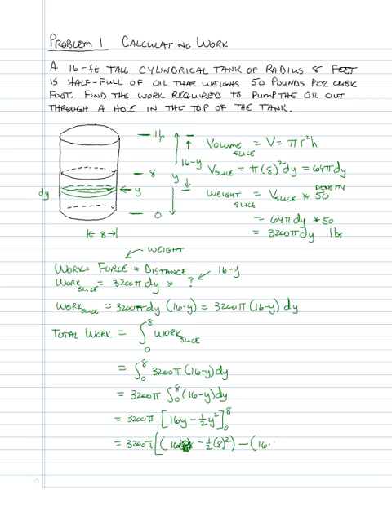So 16 times 0 minus 1/2 times 0 squared. And of course, that's all 0. So after all the calculations come through, which I'm sure you can complete, we get, rounded to the nearest foot-pound, the nearest integer, 965,097 foot-pounds. Remember, that's our measurement, foot-pounds.